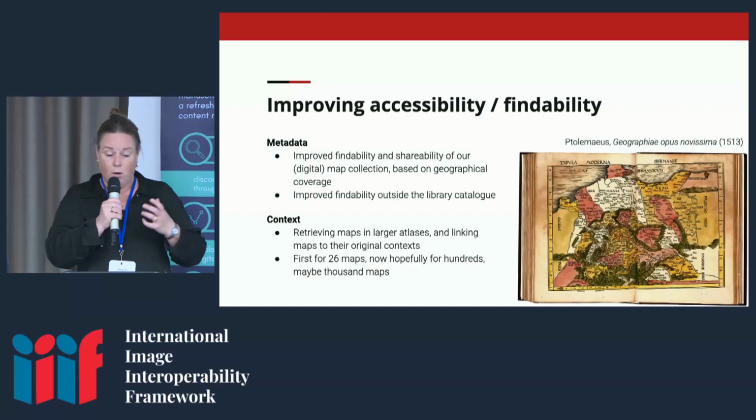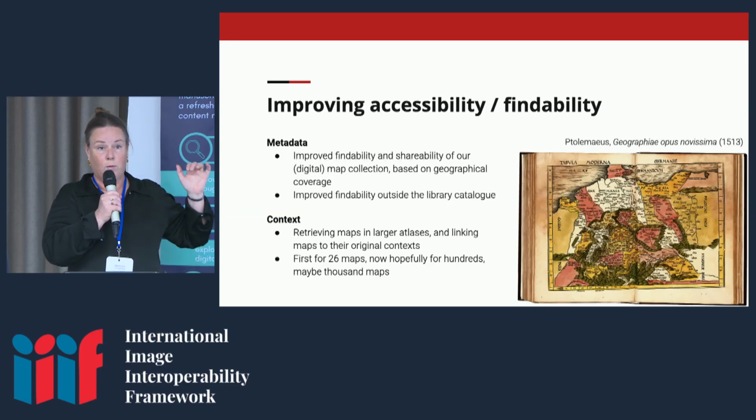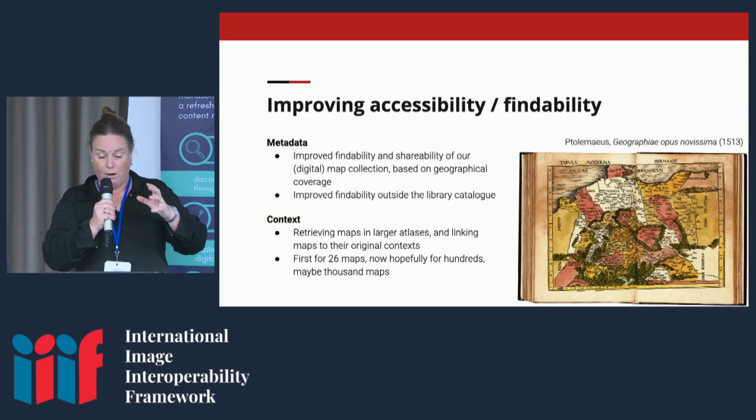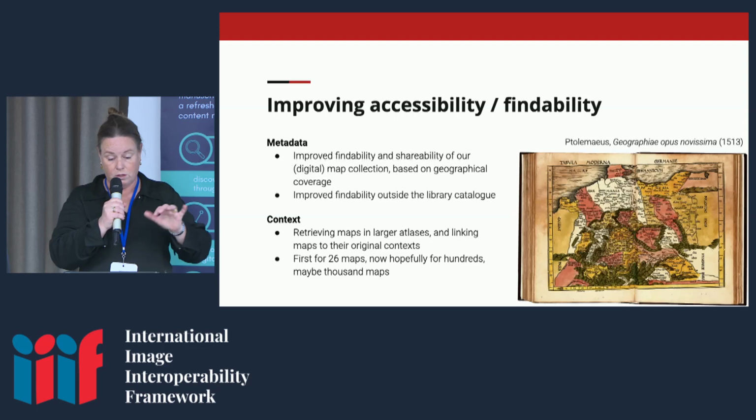So we want to improve the accessibility and findability of our collections by improving the metadata, also based on geographical coverage, and also by making use of linked open data. Users can also find our map collections when they are outside the system of the library catalog.